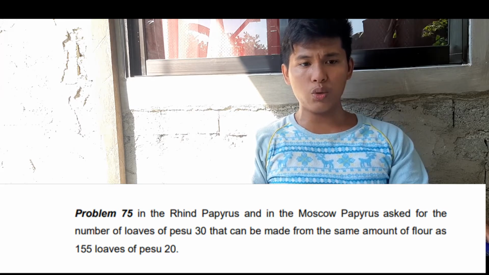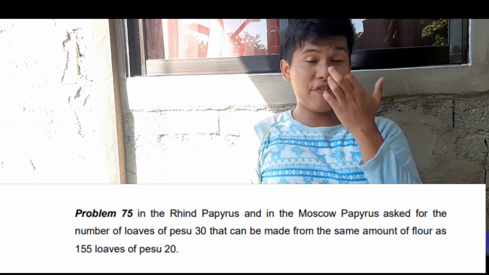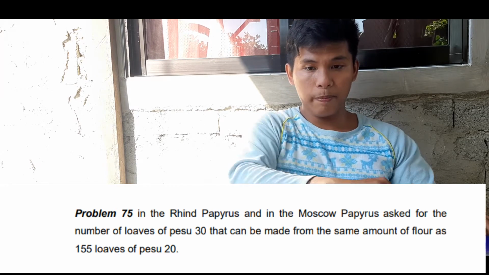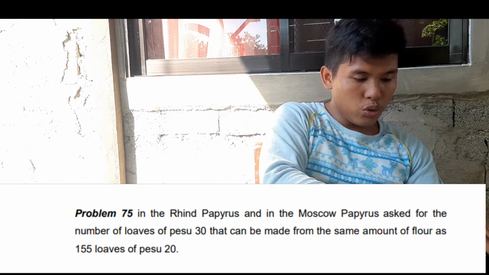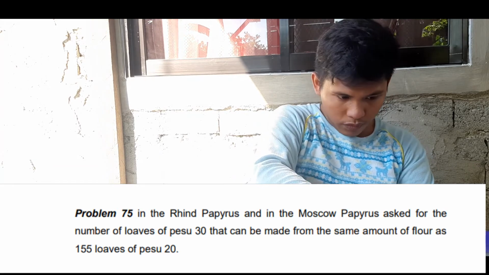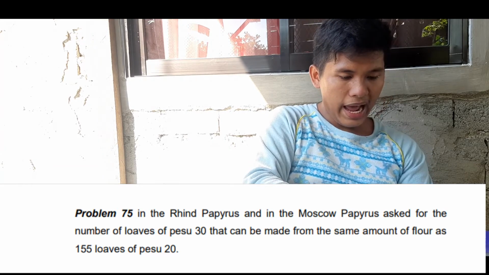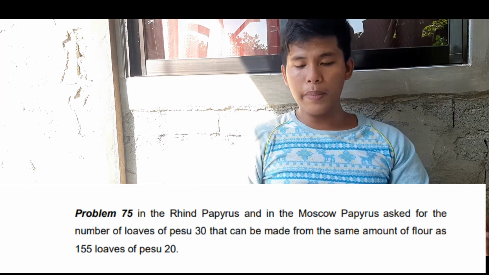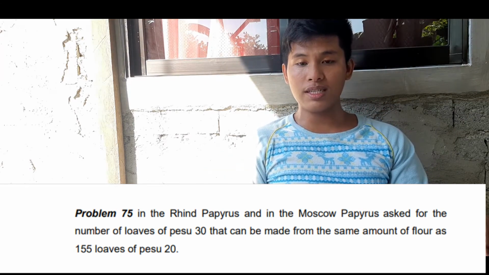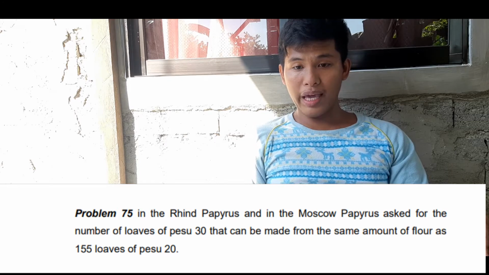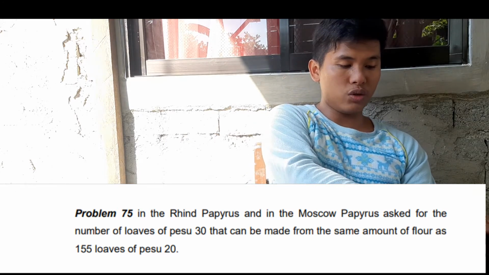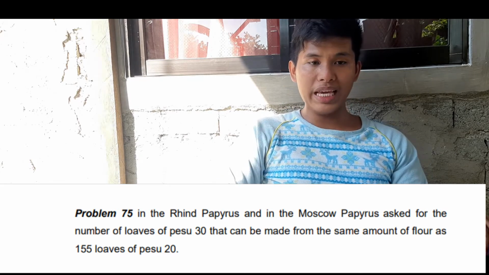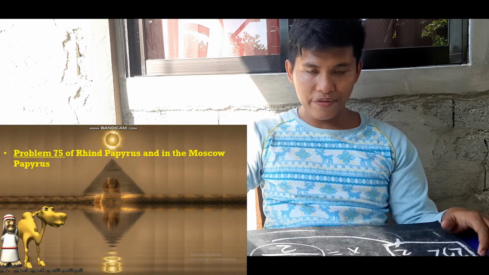So they would like to find the factors of this one. The mixed form of 465 over 2 is 232 1/2. So that would be the answer for problem 75.